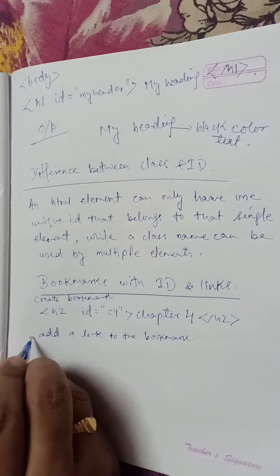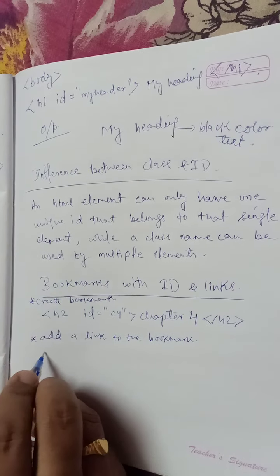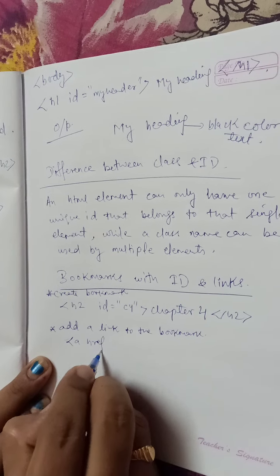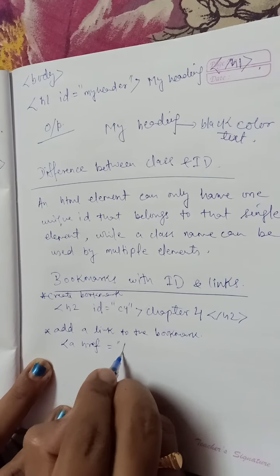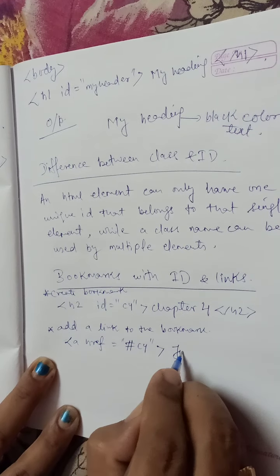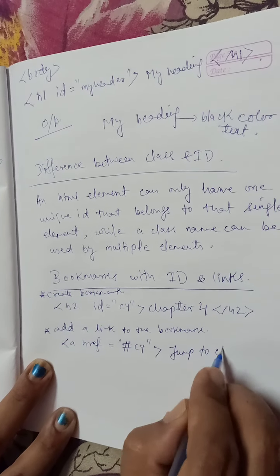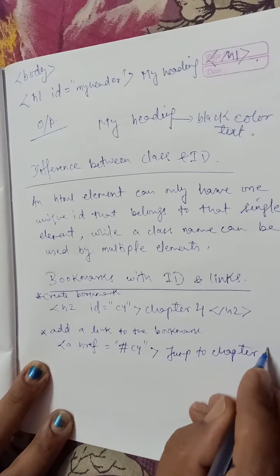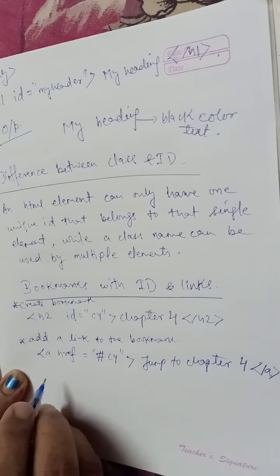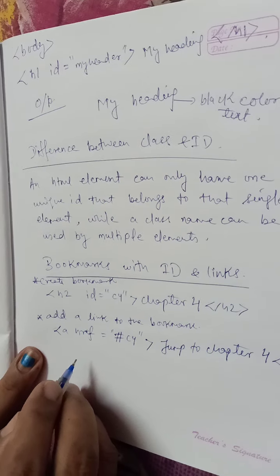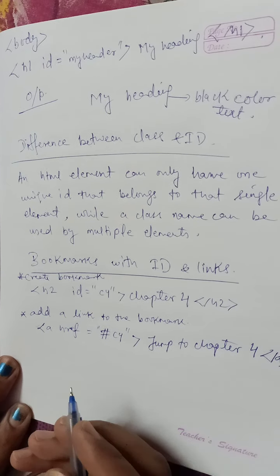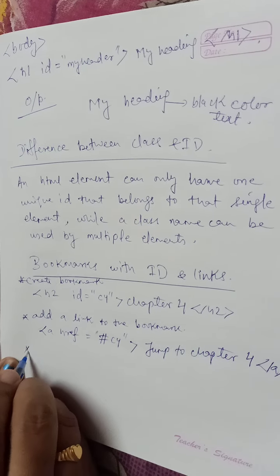For that we write hash c4, with the text jump to chapter 4. Or we can add a link to the bookmark from another page also. This is for the same page.